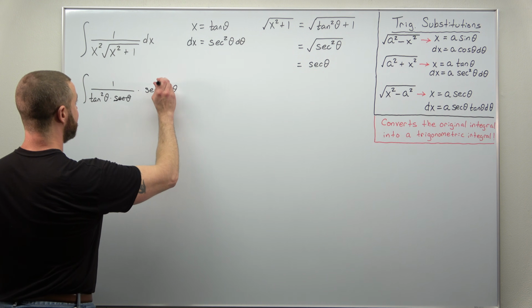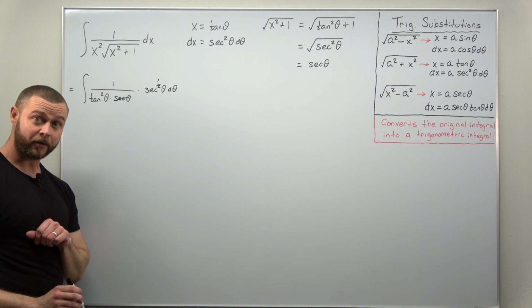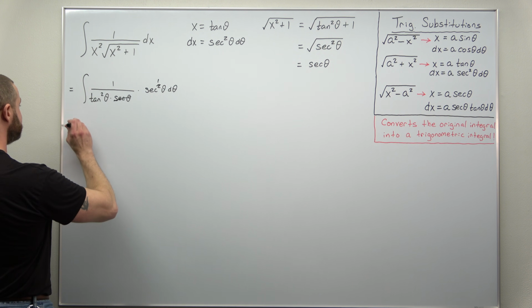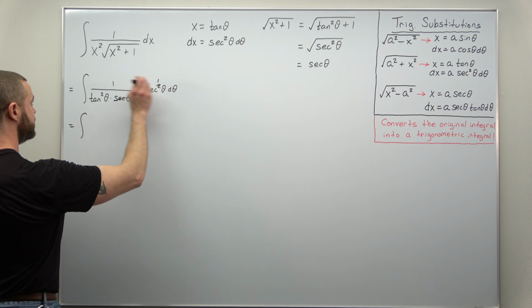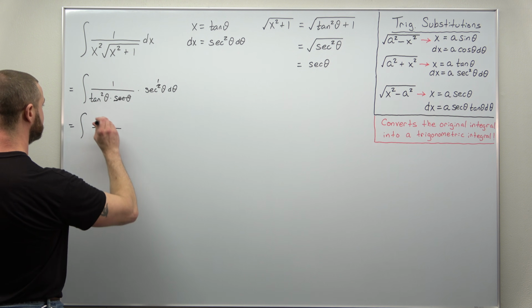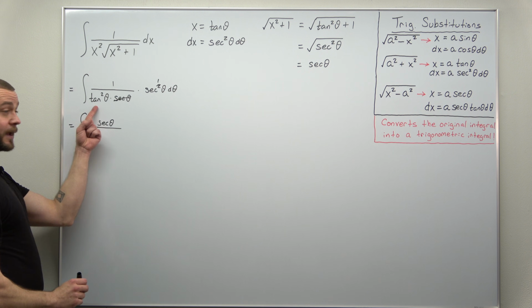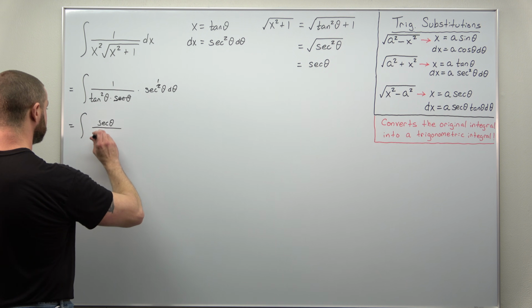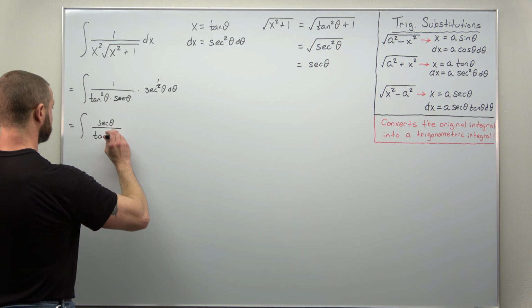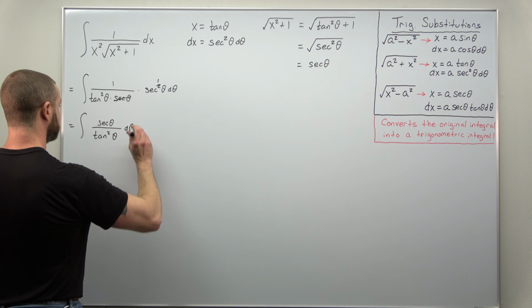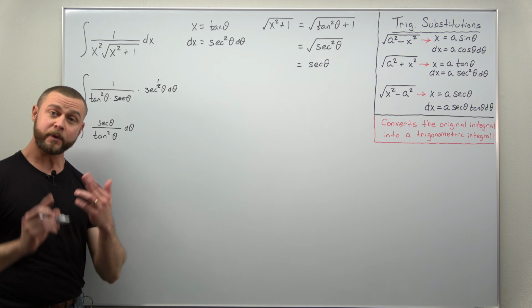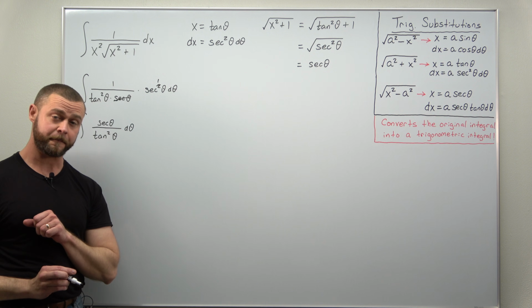We can have a factor of secant cancel out, and what we're left with is the integral. We'll move that secant theta into the numerator. We get the integral of secant theta divided by tangent squared theta. And at this point, we now have our trig integral.